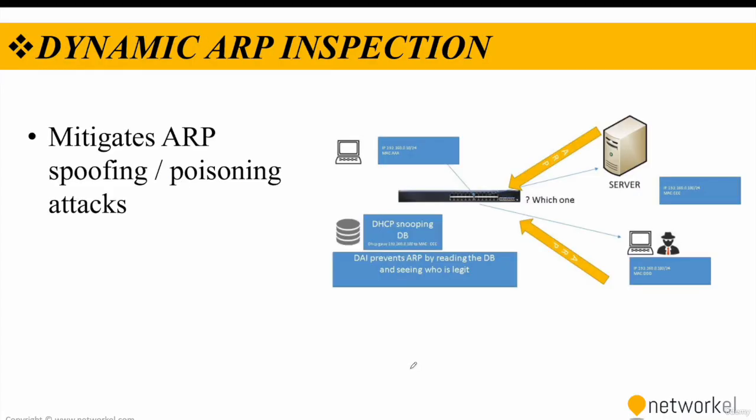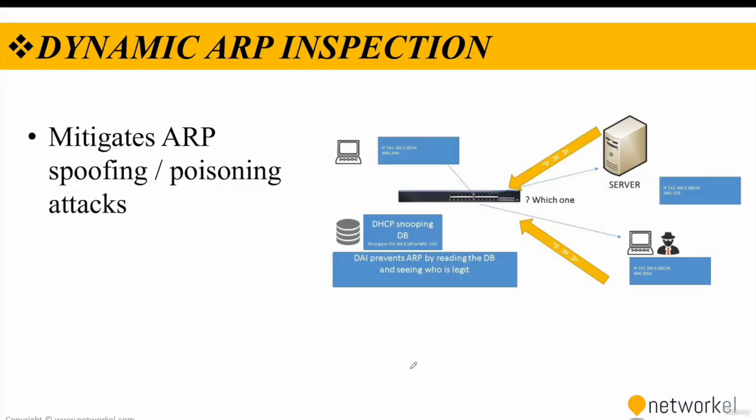And we have dynamic ARP inspection. Dynamic ARP inspection is a security feature designed to prevent ARP spoofing attacks on a network. ARP spoofing involves an attacker sending fake ARP messages to associate their MAC address with the IP address of another device, potentially allowing them to intercept or redirect traffic meant for that device.